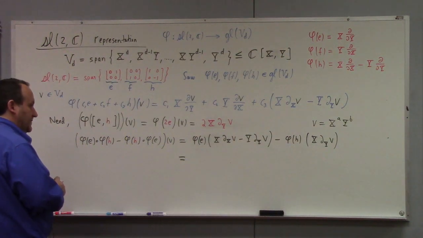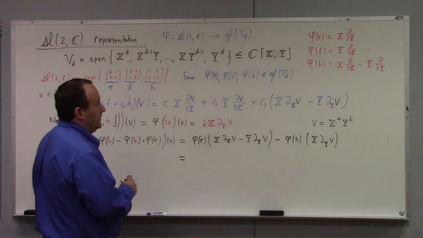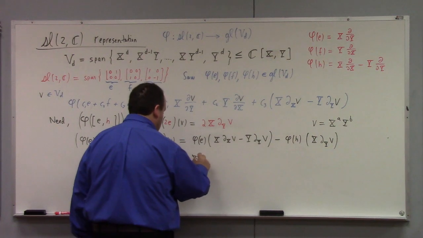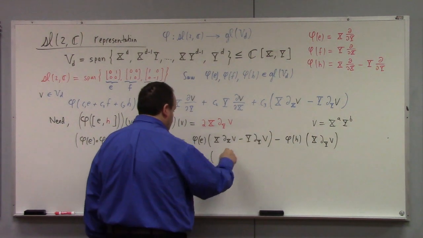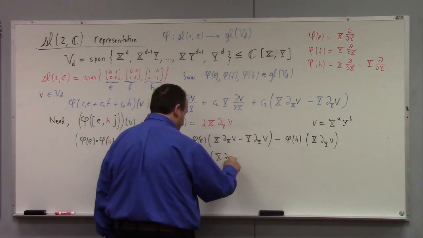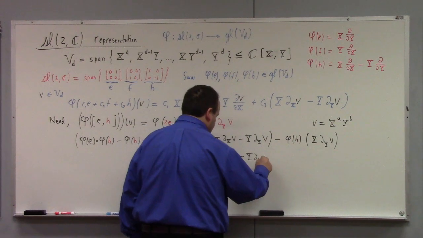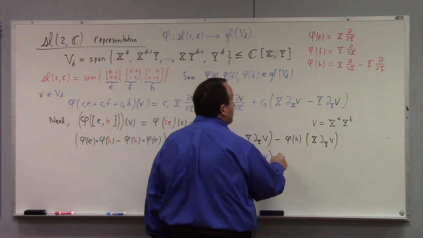And then let's see here. Okay. So phi E is x partial y of this. Starting to really regret using the capital X and capital Y for these calculations.